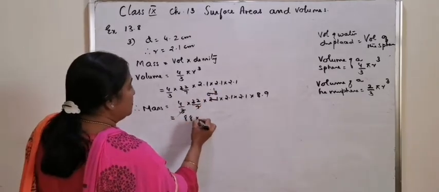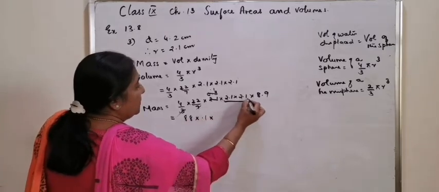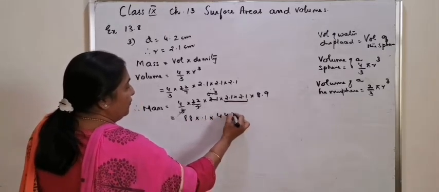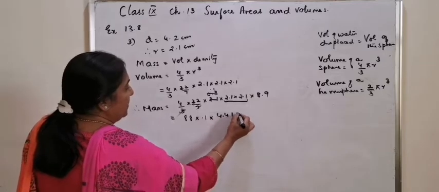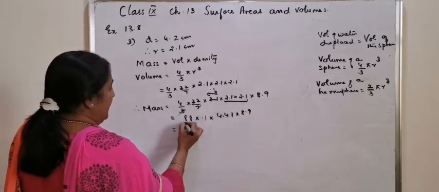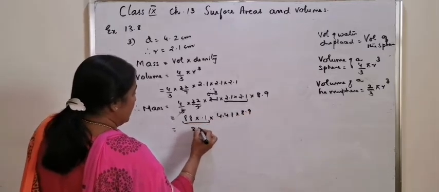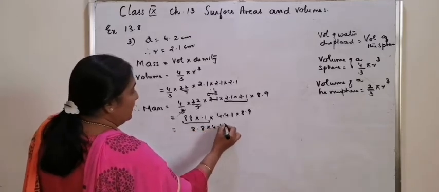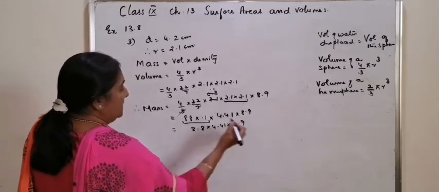So 88 into 0.1 into, this is again 441, it is 4.41 into 8.9. 88 into 0.1 is 8.8, 4.41 into 8.9.